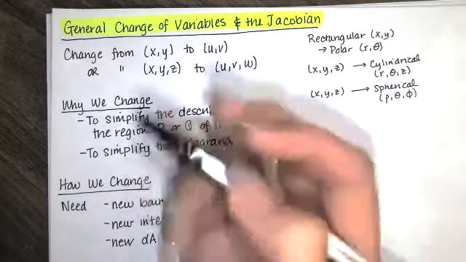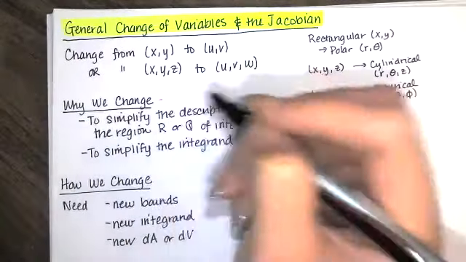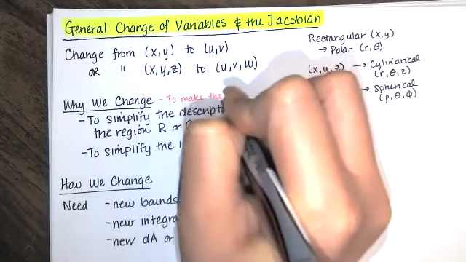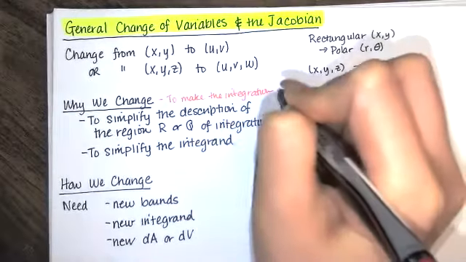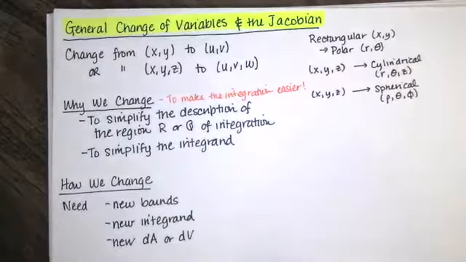So, the big picture here is we're trying to make the integration simpler. Or I guess we should say easier. And changing variables will often allow us to do that.